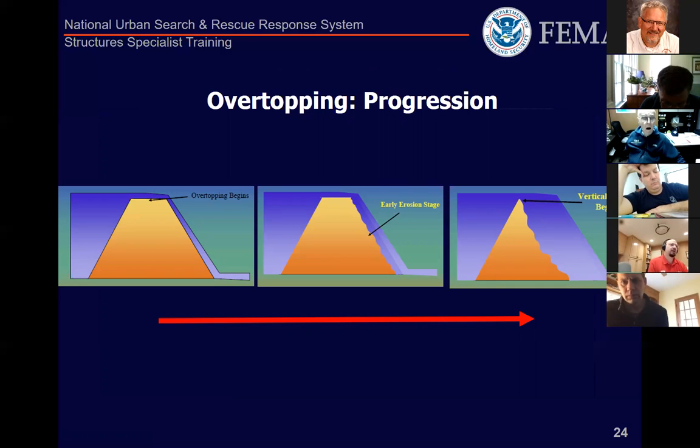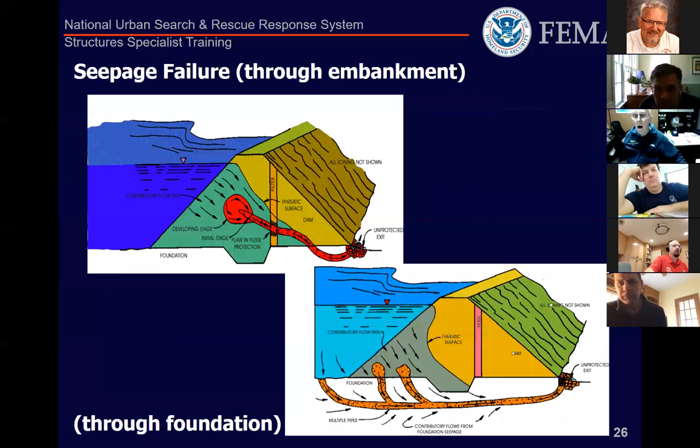As you start weakening and removing material as water continues to flow over, we start cutting away the dam and you start losing sections. At some point the vertical erosion begins and we start to decrease the height of the dam. This next video is going to show us that.